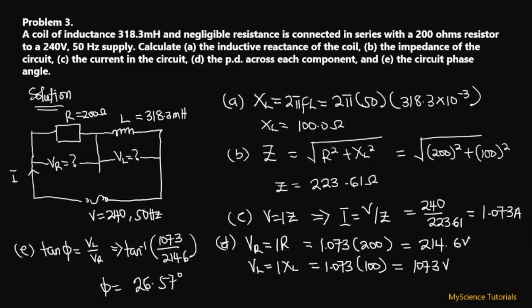All right, so this is our phase angle, this is our inductive reactance, this is our impedance, this is our current, and these are our potential differences across the various components, that is the resistor and then the inductance.